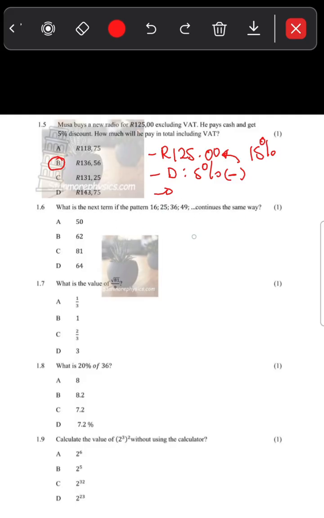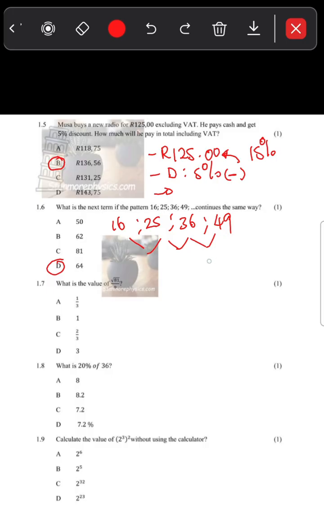Okay. Then 1.6, they say what is the next term if the pattern 16, 25, 36, 49 continues the same way? By the look of this, it is a quadratic pattern. So you're going to have your first difference and your second difference, and your second difference is always equal. So here your answer is going to be D, which is 64. If you say 16, 25, 36, and 49, you get the differences here, and then you're going to get other differences.